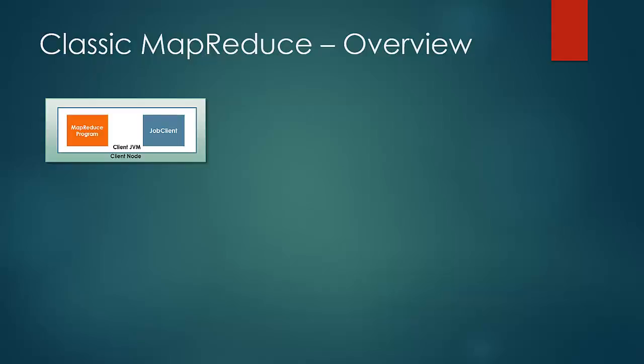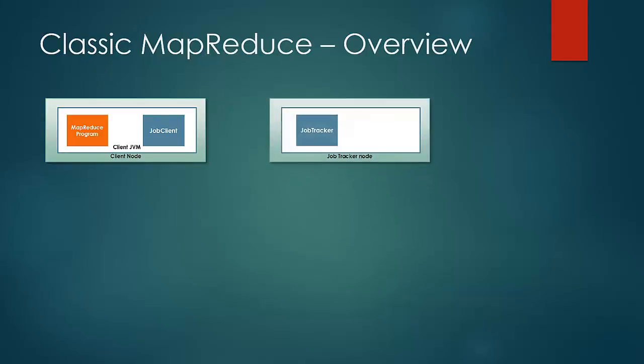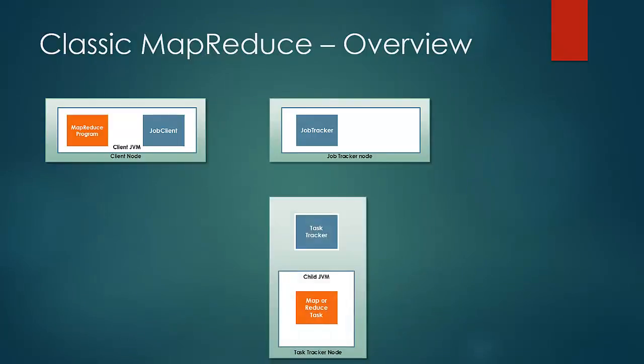It interacts with the job tracker, which is again a Java program, and the job tracker in turn communicates with multiple task trackers, which again are Java programs. The job tracker runs on a different node and task trackers run on many nodes in parallel. Here we would consider only one task tracker for ease of understanding.